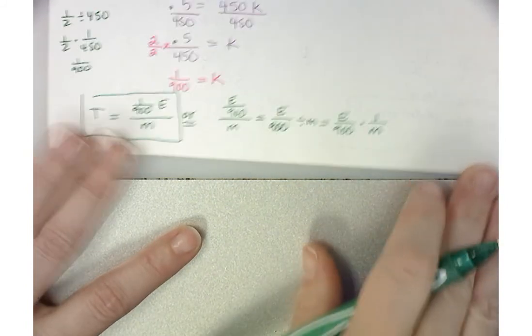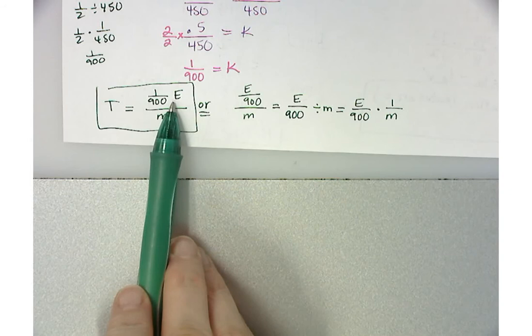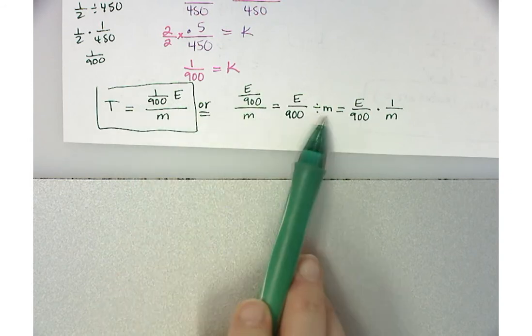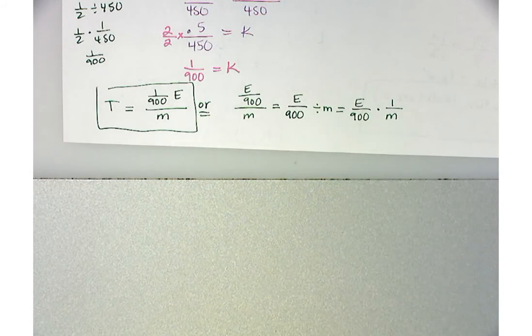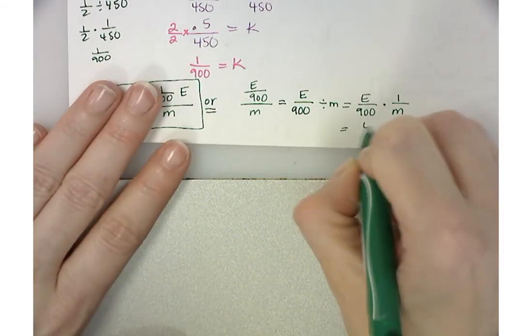So once we have our equation, now we are going to answer the question, which is how much heat energy must be transferred to the aluminum wire with a mass of 0.2 kilograms to raise its temperature to 20 degrees Celsius.